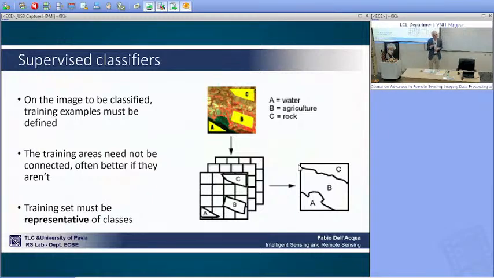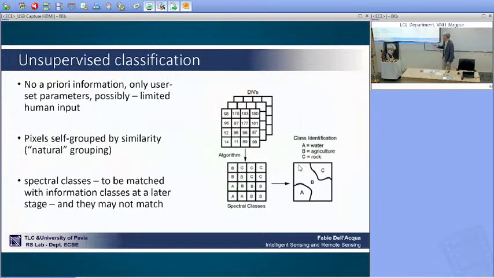It will be the noise which will determine whether any classification unit will fall into class A or into class B. You will get a lot of errors. This generally doesn't happen in unsupervised classification, because in this case, you naturally get a partition of the data set into spectral classes.